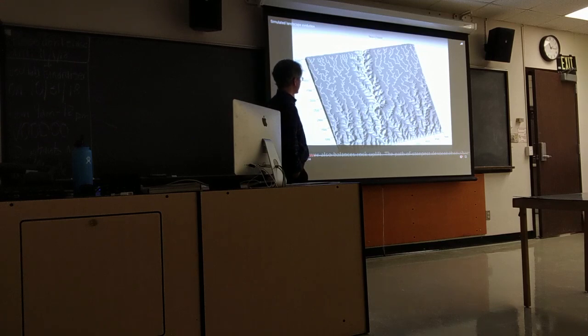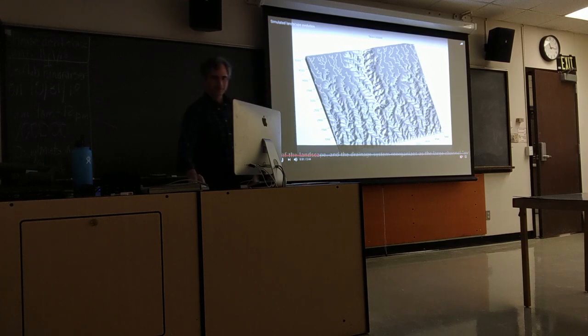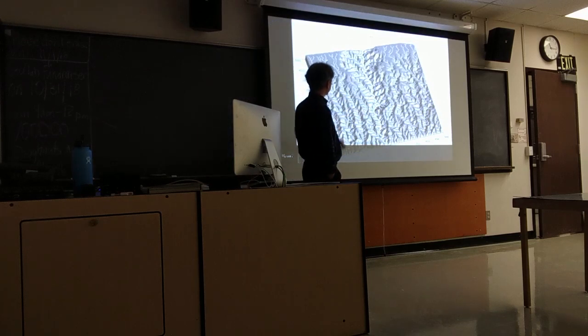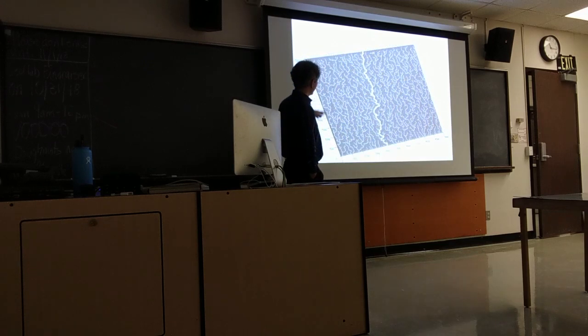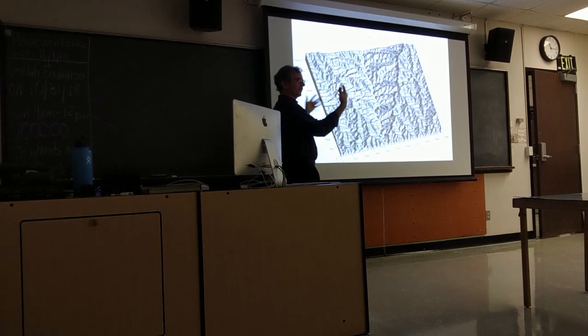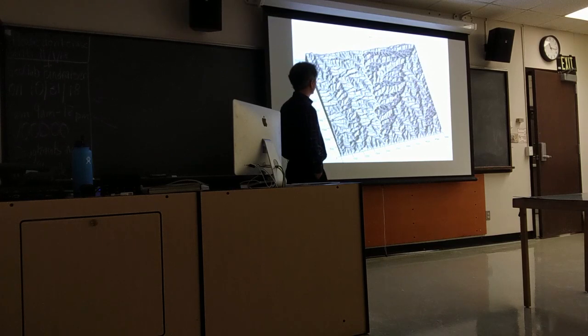And what we're going to see is that as that big stream notches down, the other streams are going to notch down, but they're going to reorganize themselves to drain towards the big one.